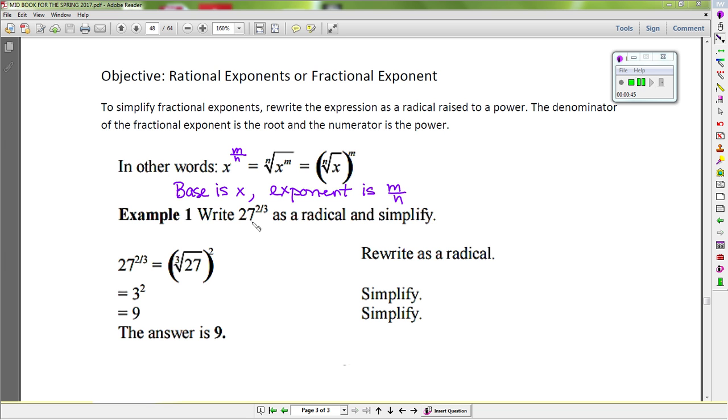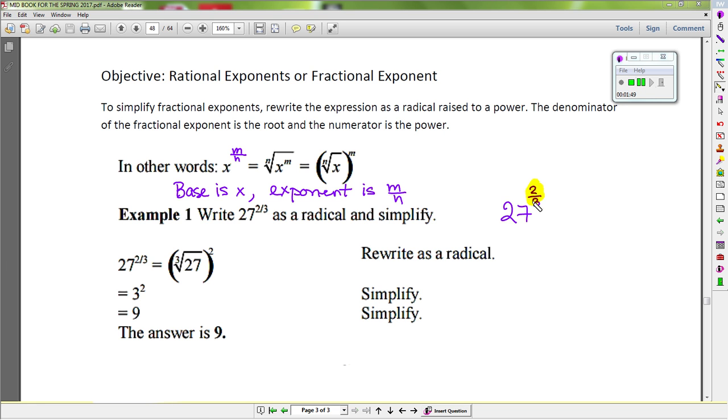Now look at the example here. Here we want you to write this number, 27 to the power 2 over 3, as a radical. So first of all, I want to look at my fraction exponent. I have my n is 3, my m is 2.